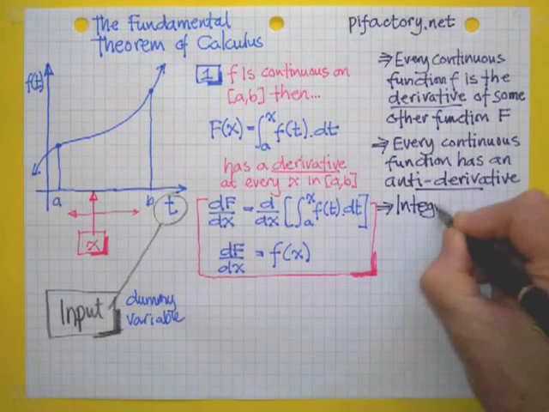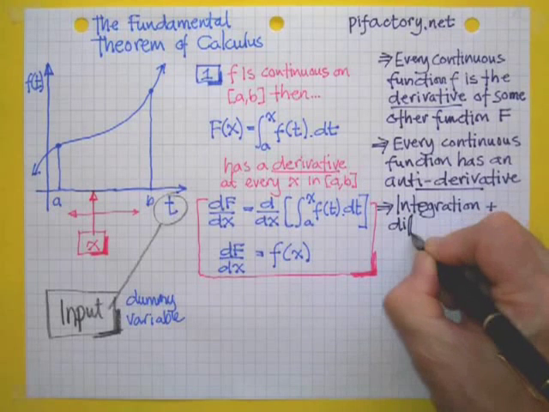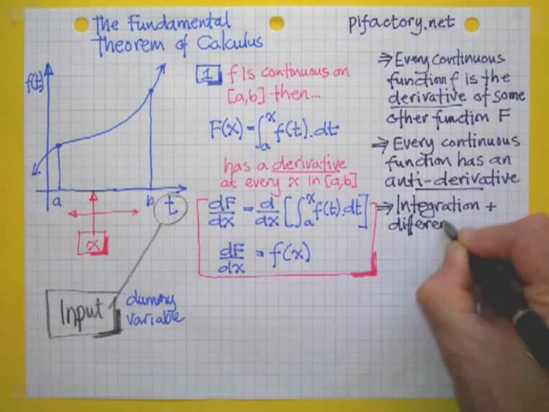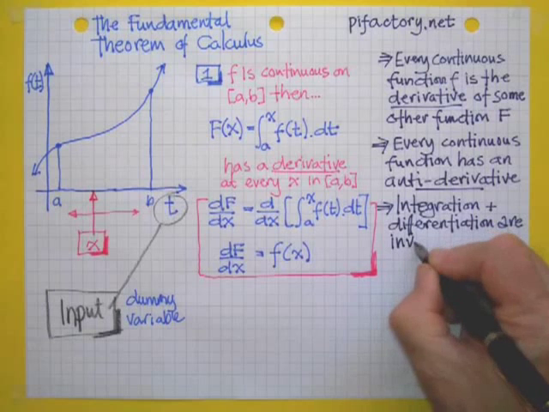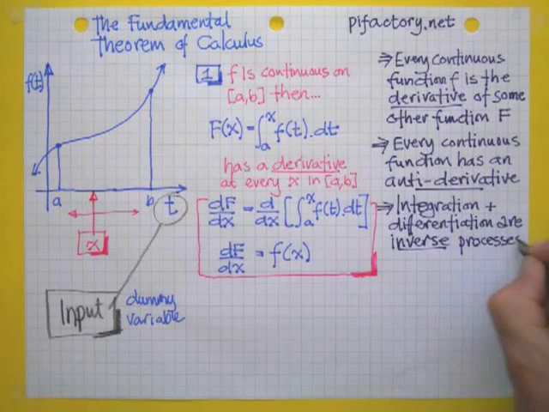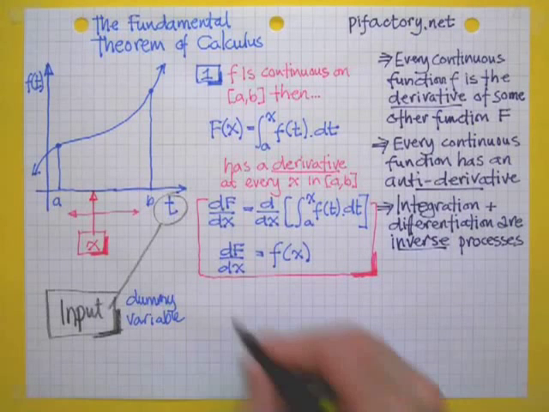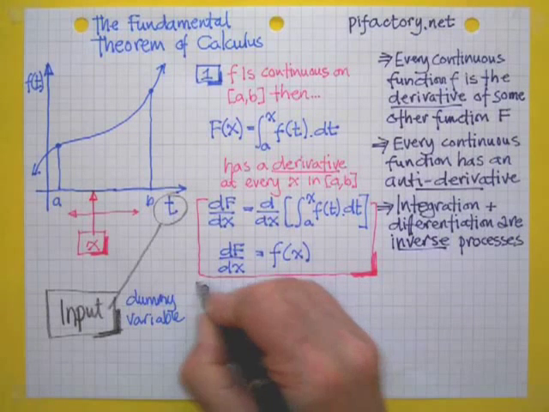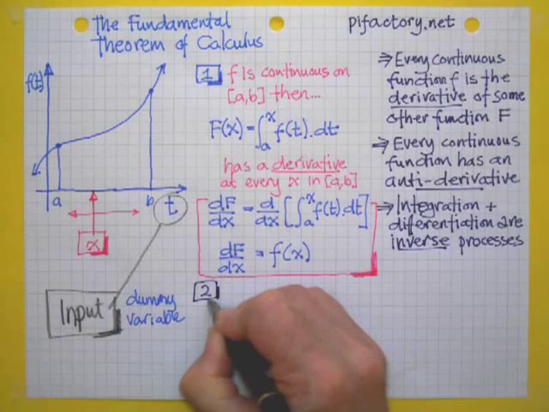And this tells us that integration and differentiation are inverse processes. This was the big breakthrough of the two sides, to link the two sides of calculus, differentiation and integration.